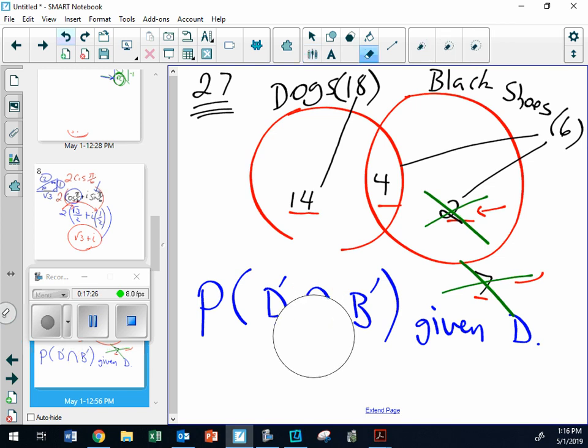Make this a union. Now it is possible. Some of you are like, but there's still no people. Okay, but there's a union symbol, which means it's a big group.